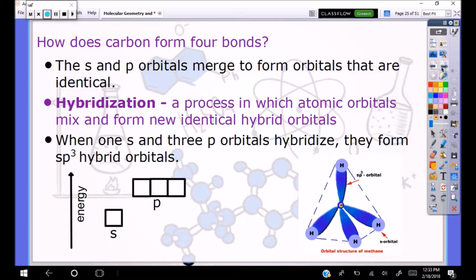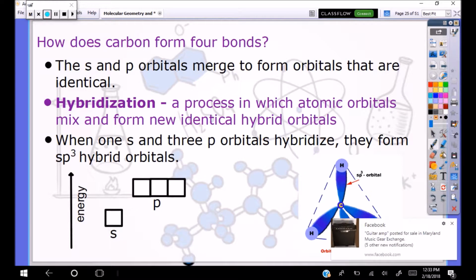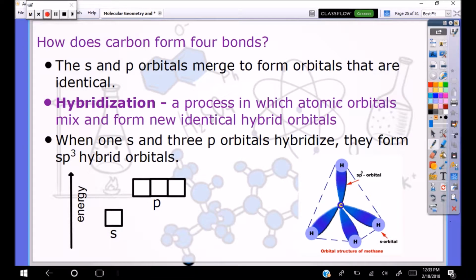If we were to look at just the configuration of carbon, we know that carbon has four valence electrons, and we know the first two are paired, and then they would spread out like this. Well, if we were to look at it like this, there are only three spots available for carbon to form bonds, and they're all in the p orbital.